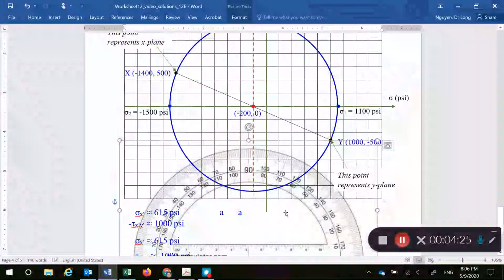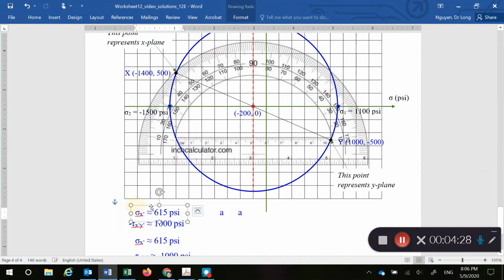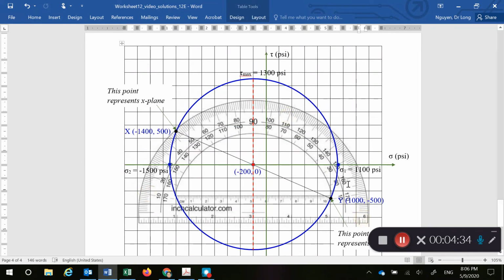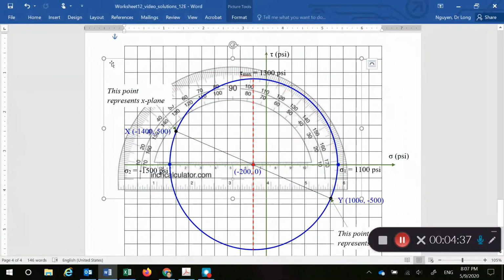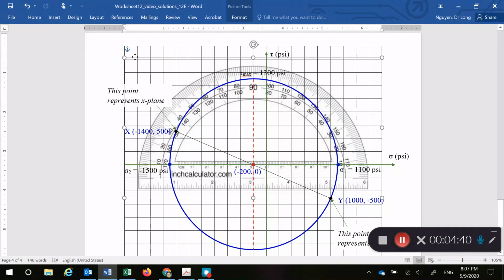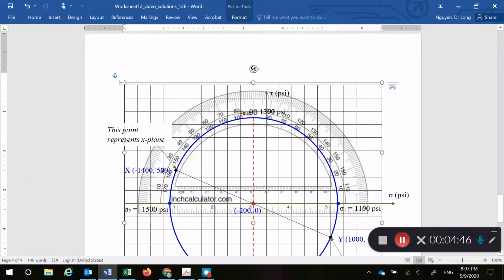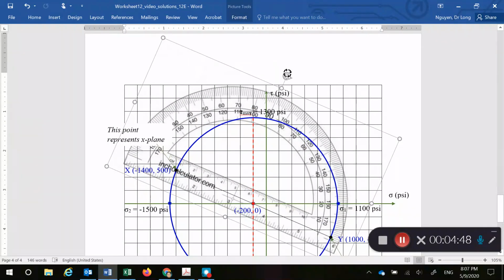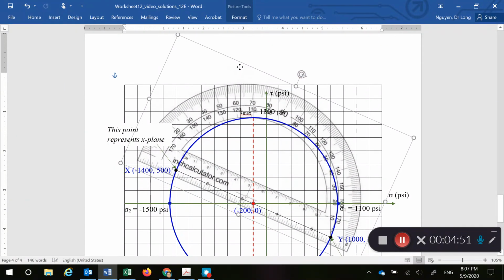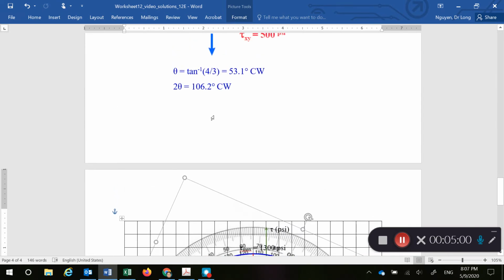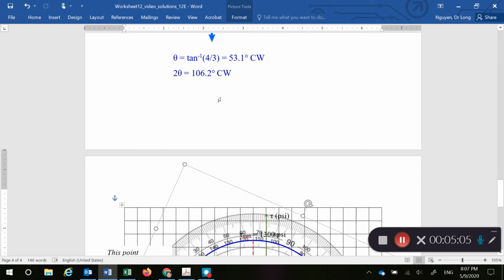We use the compass to measure the angle 2 theta. Put the compass at the center, go to the x-plane, and find the angle 2 theta equal to 106.2 degrees clockwise.